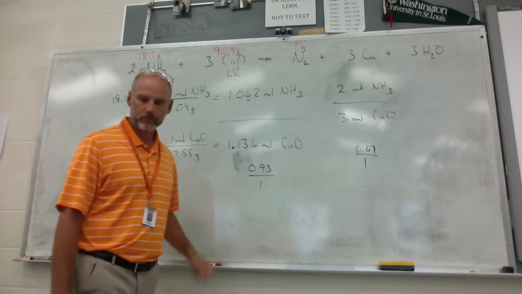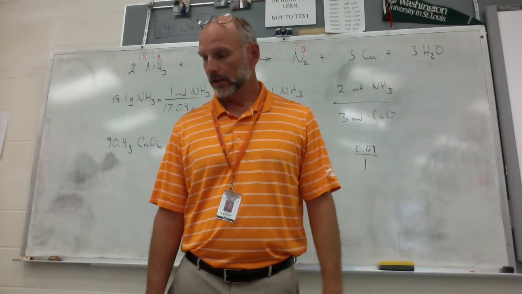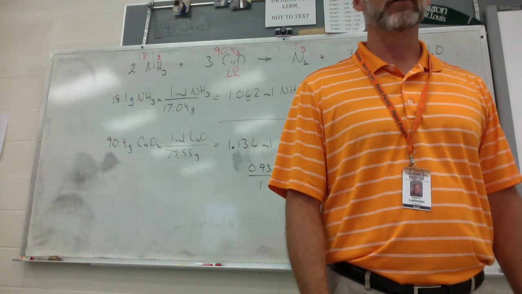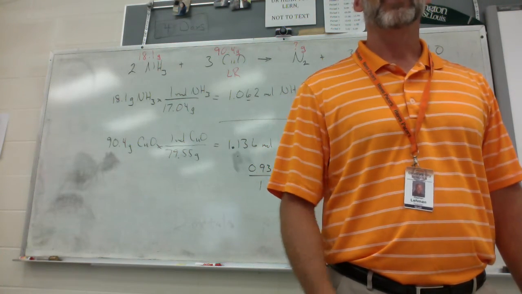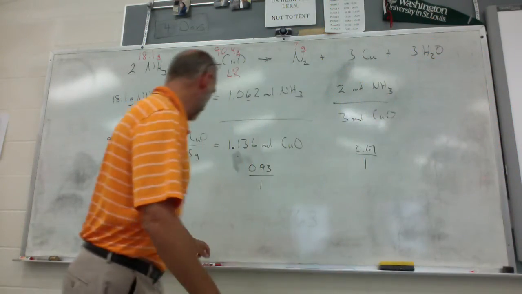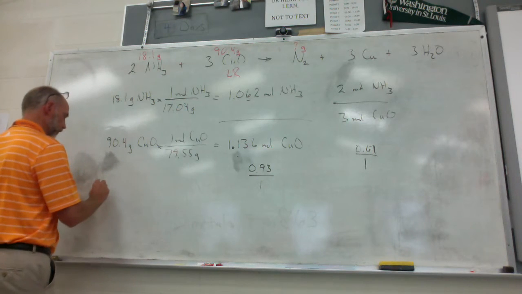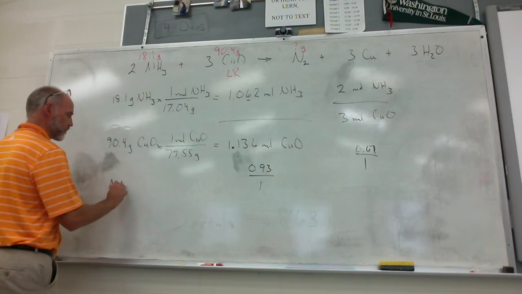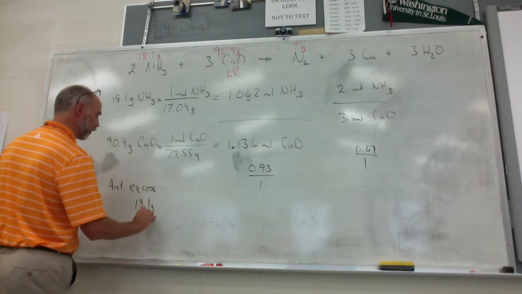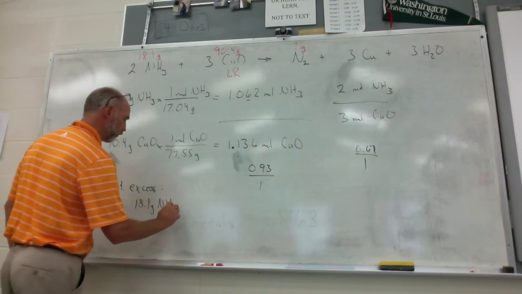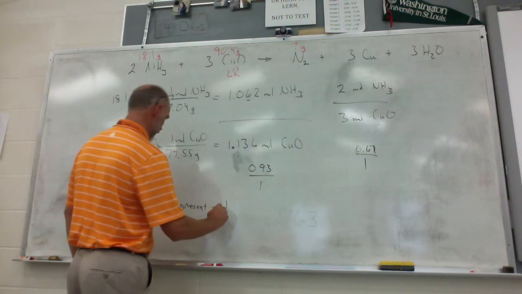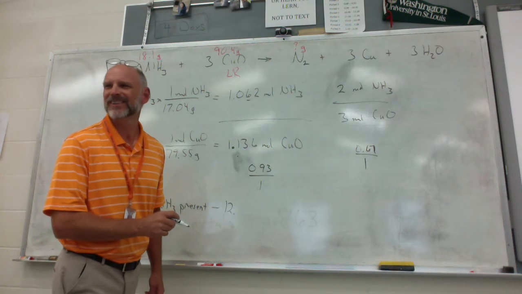Okay. How much excess reactant is there? Well, remember we would have had to have referred to that green calculation that we did. The amount of excess would have been the 18.1 grams of ammonia that was present, and we subtract from that the, was it 12.6 or 7?